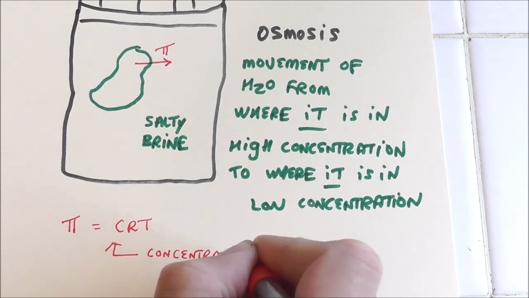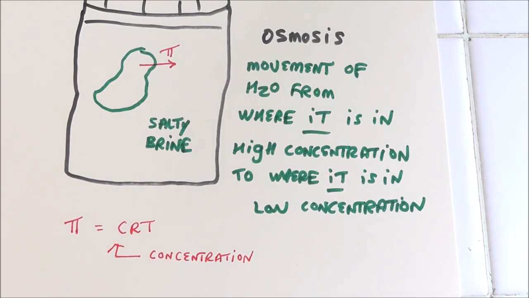and boiling point elevation. If I were to double the concentration in that salty brine, that pi would double that pressure. And that's the pressure of water molecules pushing through the membrane. And if you were to pour a bunch of water in there, you'd cut the concentration in half, and the osmotic pressure would then decrease proportionately.